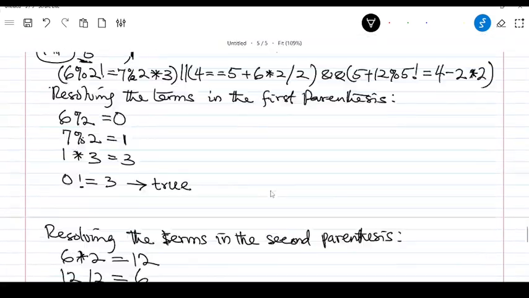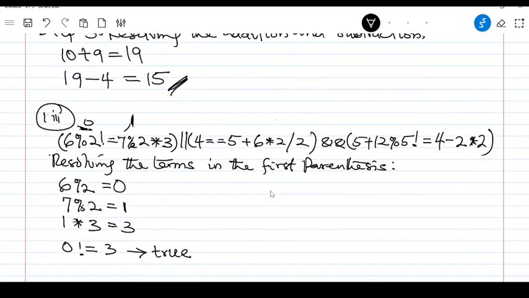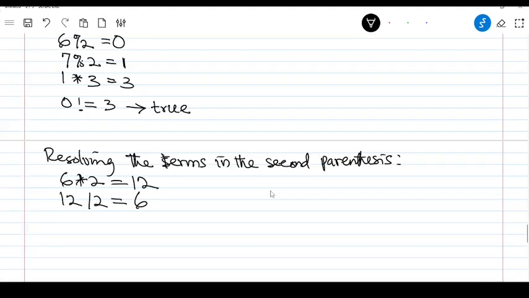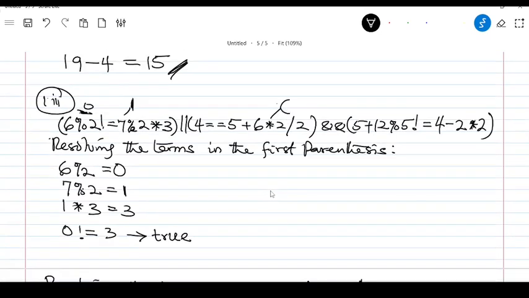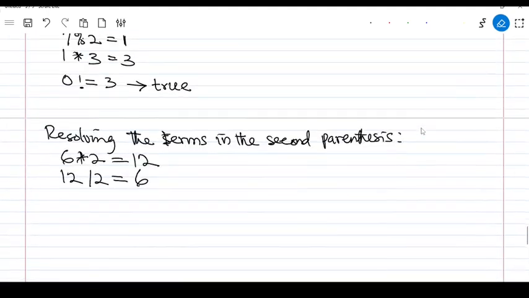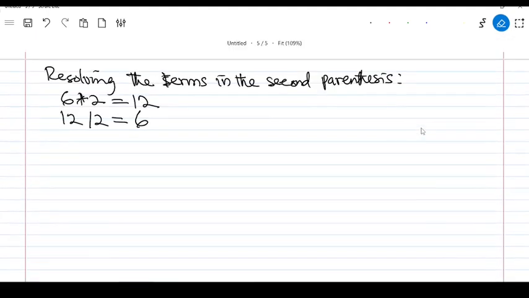Okay, so here is now 6, right? Am I correct? Yes, here is 6 now. So we're going to add 5 plus 6. 5 plus 6, we're going to have it as 11.